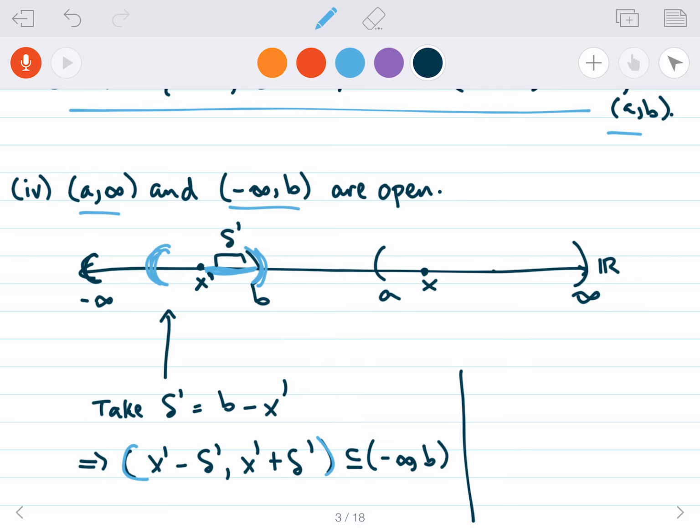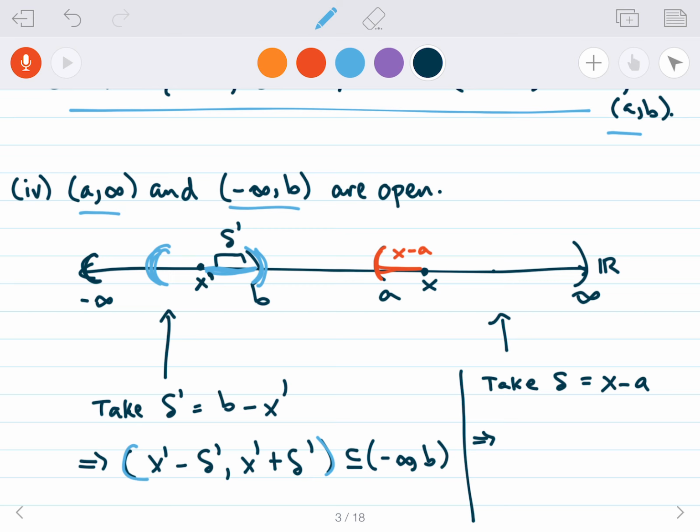And similarly over here, we can look at this distance. This distance is x take away a, that little piece. Here we can take delta to be that distance.